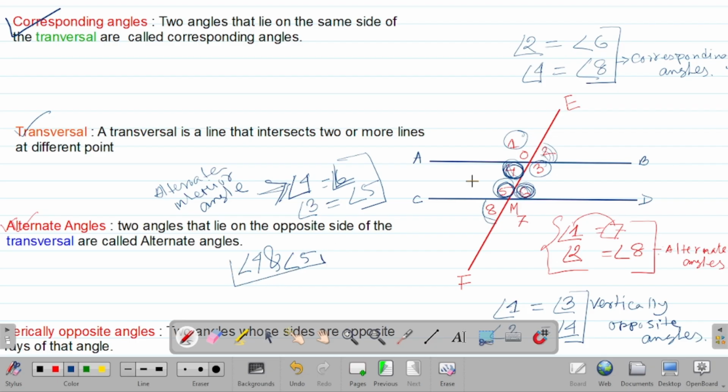They are on the same side of the transversal. This type of angles are called same side interior angles.